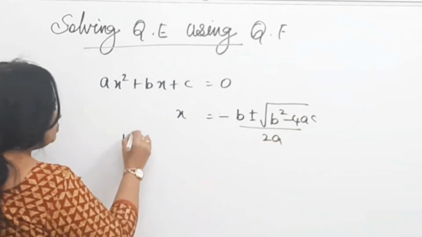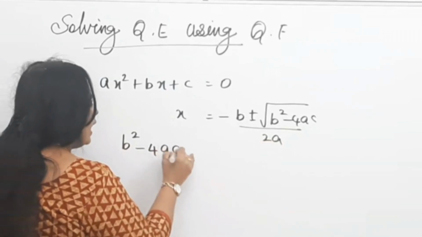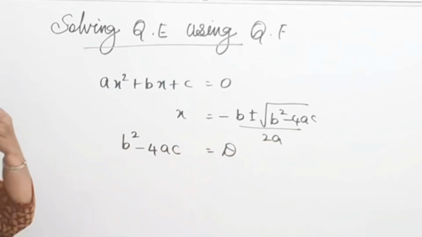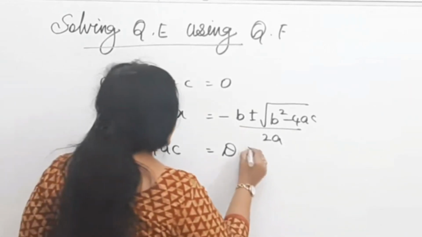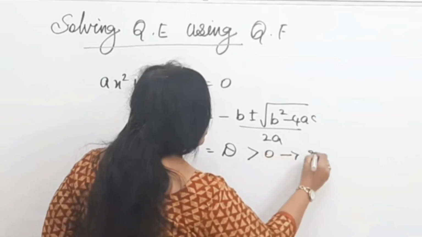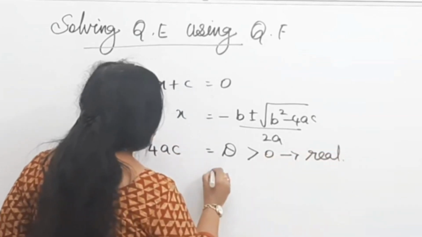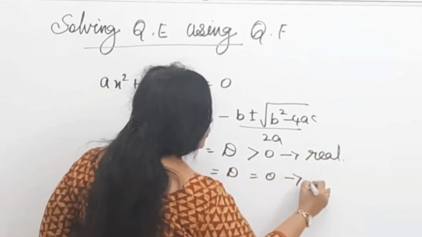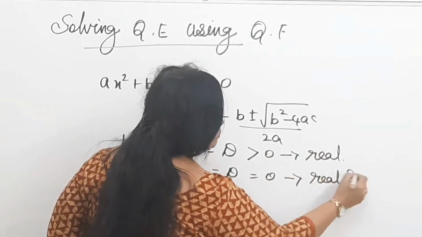And we call the b square minus 4ac as the discriminant, which decides whether this quadratic equation has roots or not. So if d is greater than 0, it has real roots. And if d is equal to 0, it has real and equal roots.